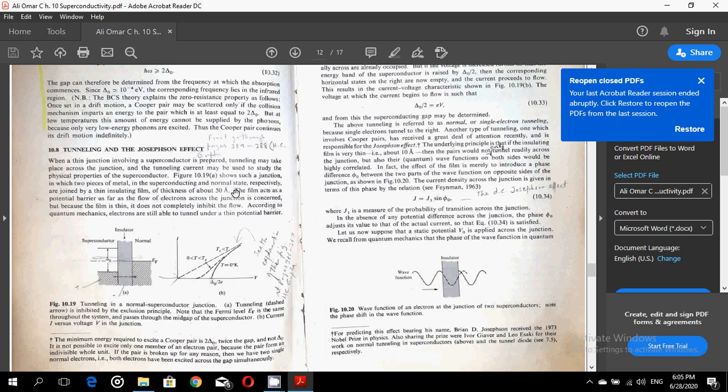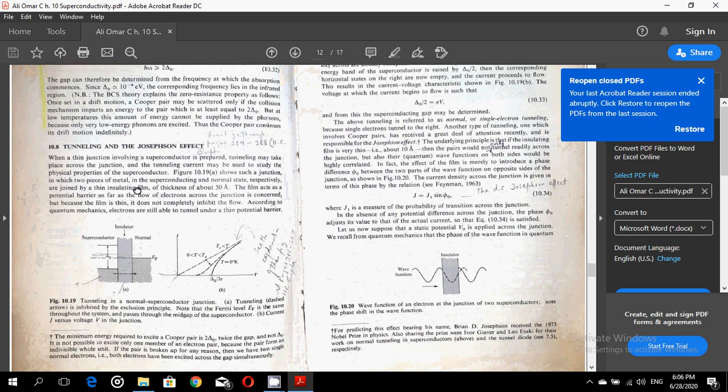If you look at figure 10.19, it shows a junction in which two pieces of metal, one in the superconducting and the other in the normal state, respectively, are joined by a thin insulating film.